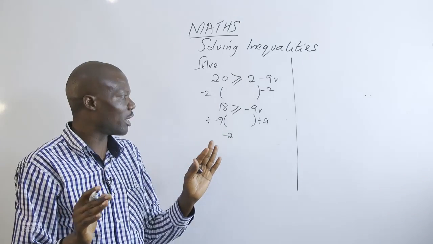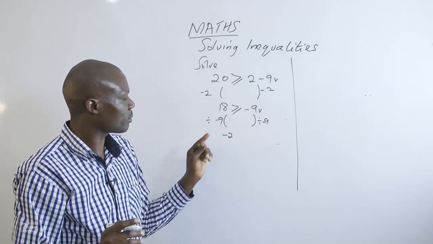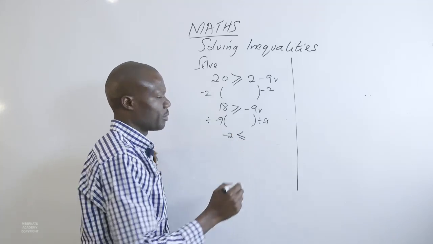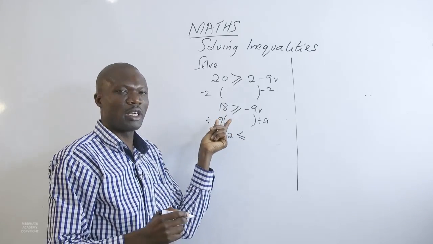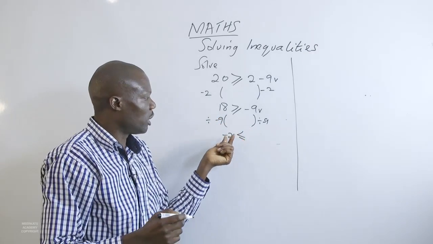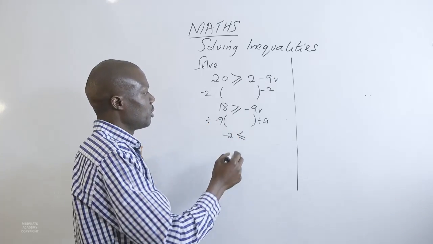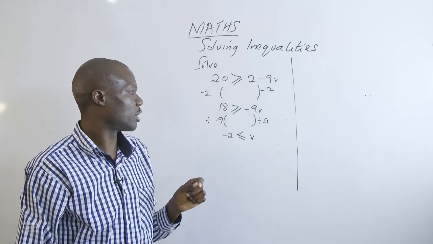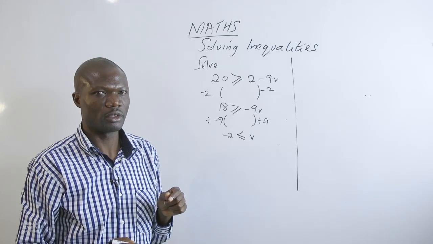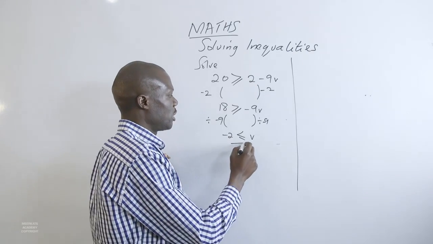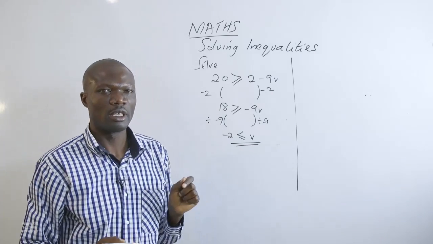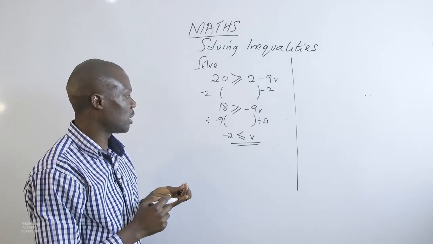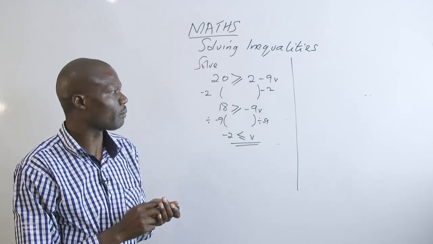Because we are dividing by a negative number, the inequality changes from greater than or equal to, to less than or equal to, and this one is v, which is positive. So this is the value for v, which is negative 2.